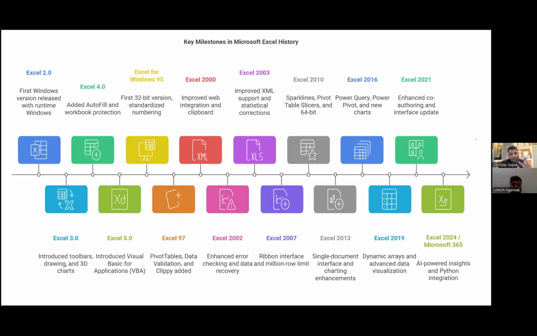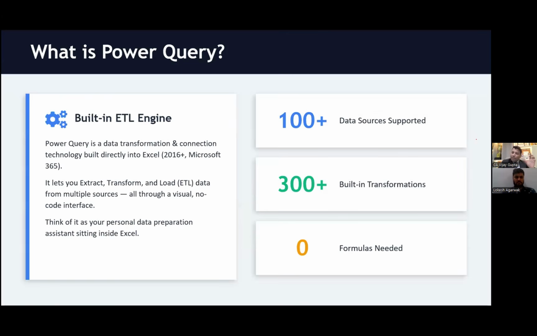So let's do some briefing of Power Query. We all know that Power Query is an ETL tool. ETL stands for extract, transform, and load. Microsoft Excel has around 10 lakh line items, but people who use Excel know that this is just the tip of the iceberg. If we apply formulas even on 1 lakh line items, Excel hangs.